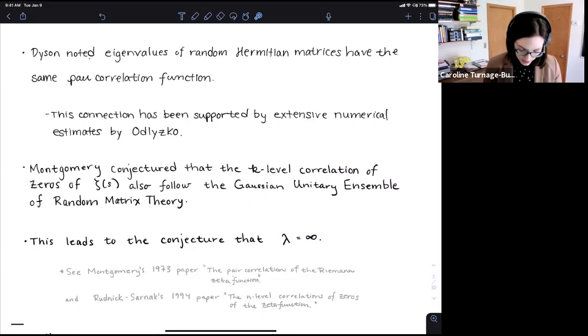You can see Montgomery's 1973 paper. If you are interested in the higher level correlations, one very nice paper to read is that of Rudnick and Sarnak on the higher level correlations of zeros of the zeta function. This is a couple of sentences in Montgomery's paper.